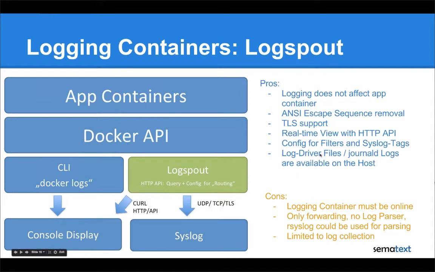It has also a little API, so you can configure and filter which containers you like to monitor, or you can use the HTTP API to see real-time logs via curl command, or open a browser window and access it. But there is no security around it, so be careful when you use the HTTP interface that you don't expose it to the public world.